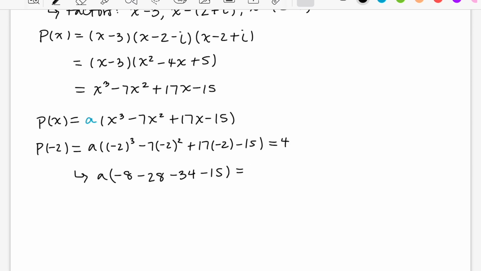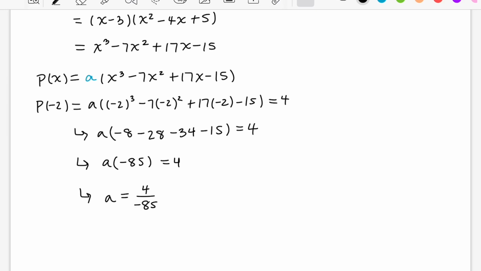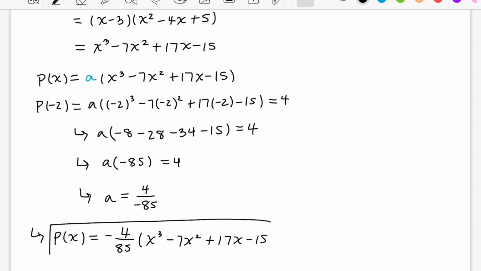So this is going to be equal to 4. So then we'll get a times minus 85 is equal to 4. And then solving for a, we'll get 4 over minus 85. So a cubic polynomial function that satisfies the conditions is given by this here.